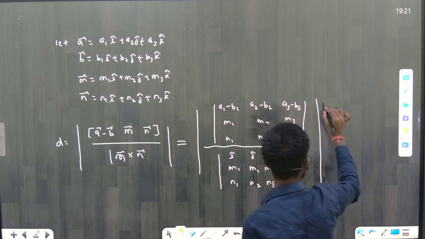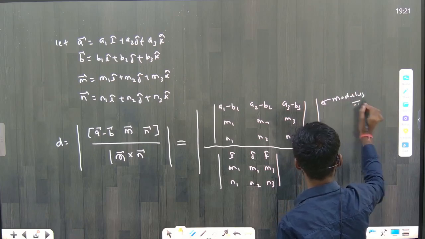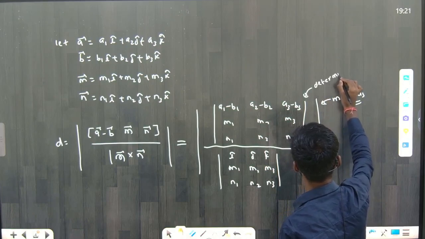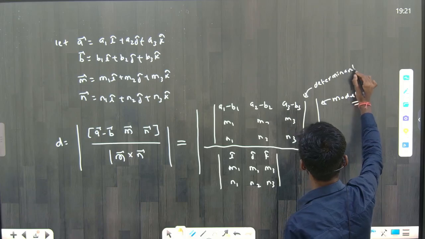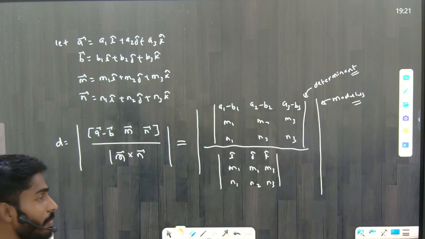This is the modulus and this is the determinant, and this is the Cartesian formula to find the shortest distance between skew lines.